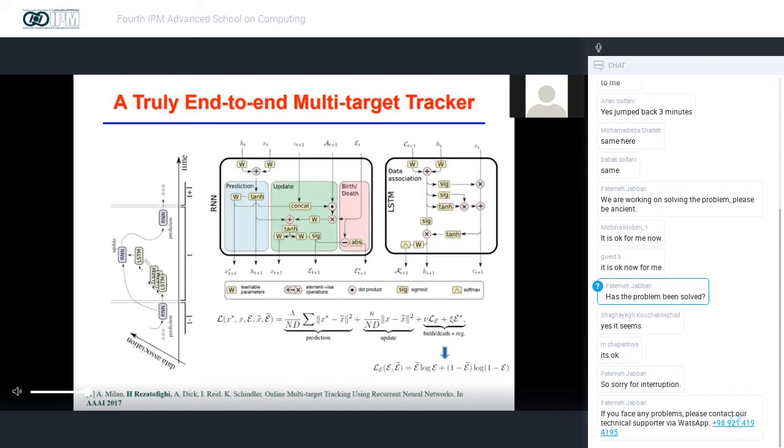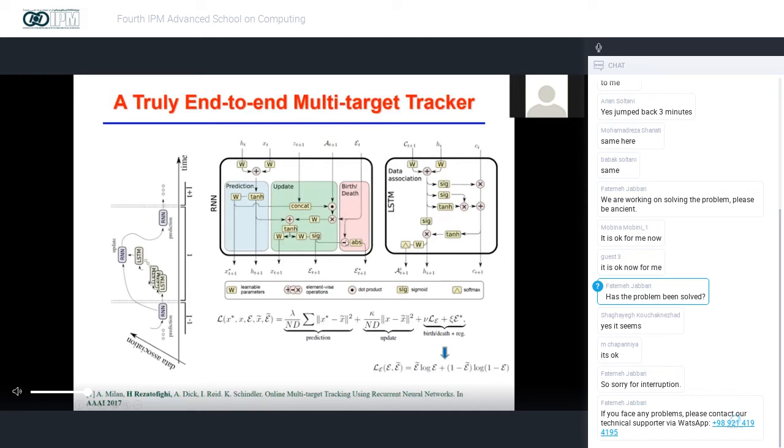As you can see, we learn the motion model, the update, and the target birth and death phenomena end to end. The only thing we don't learn in this RNN module for each target is the data association, and I will explain shortly how we do that.